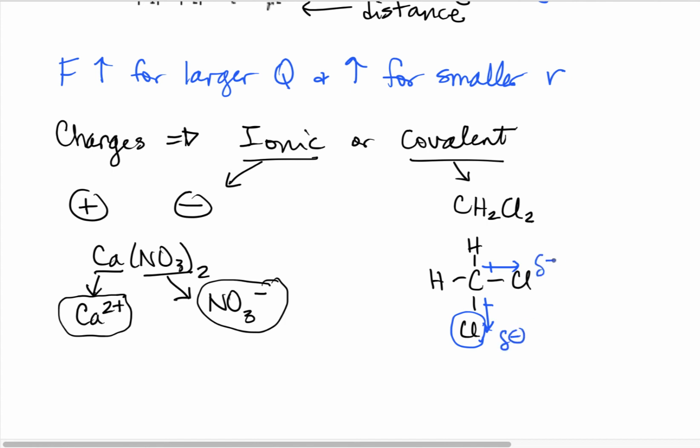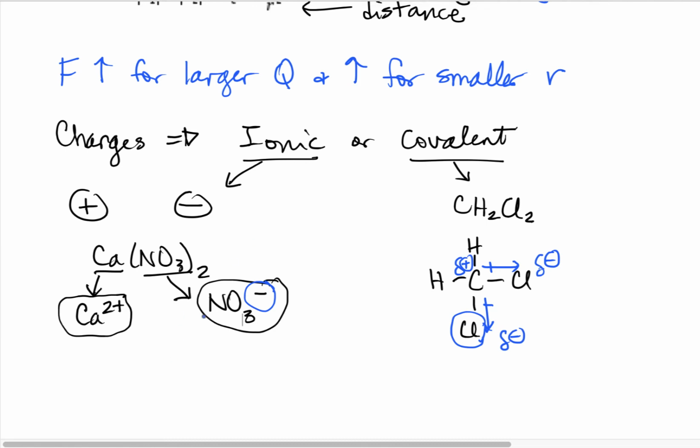And we're going to have these partial negative charges on the chlorine and the partial positive charges on the carbon. The carbon-hydrogen bond has a very small electronegativity difference. So overall, we're just going to see that this part of the molecule is going to have a partial positive charge, and then these two parts of the molecule are going to have partial negative charges. But this partial charge thing, that means that it is less than 1. Okay? It is not the same as a -1 charge. It is less than that.